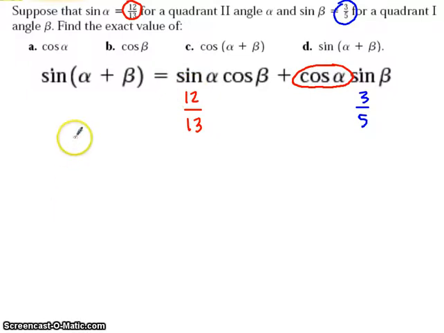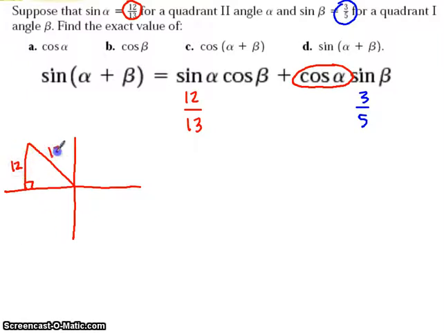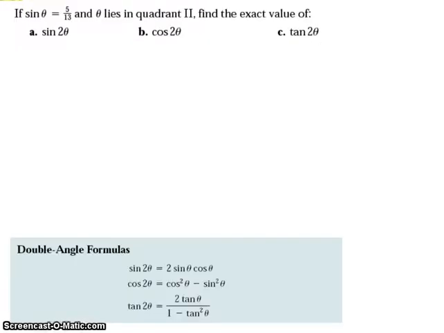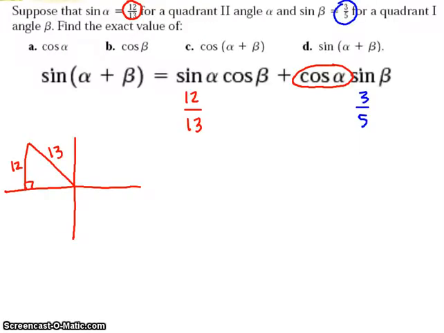Okay, so we have a quadrant 2 angle, which means we're going to draw our picture here, and we have 12, and we have 13. Isn't this the last one that we worked with? I think so.